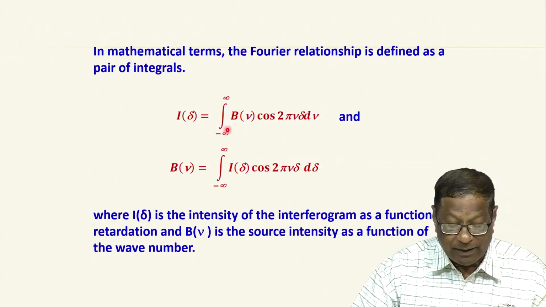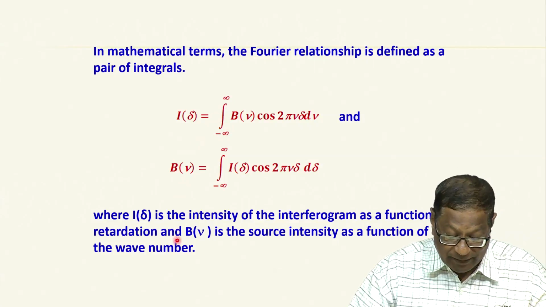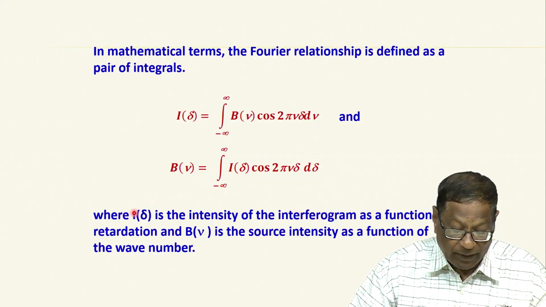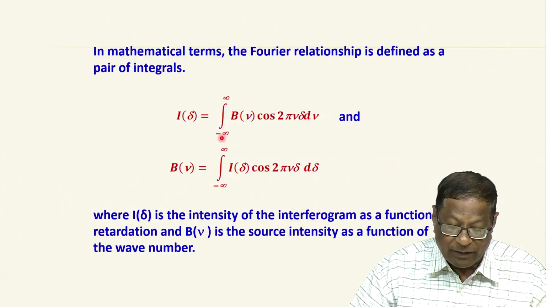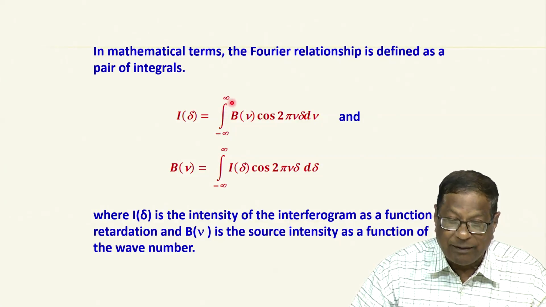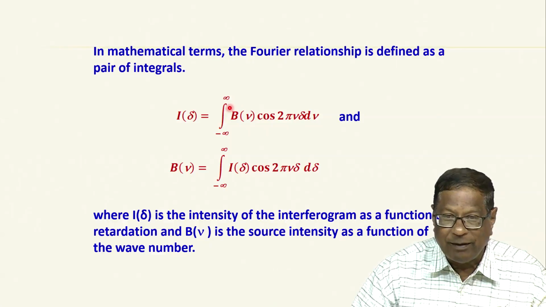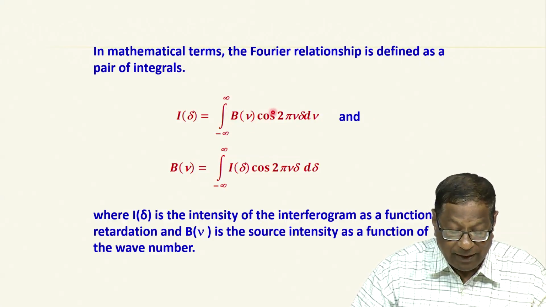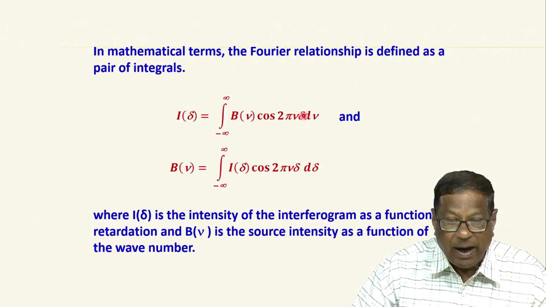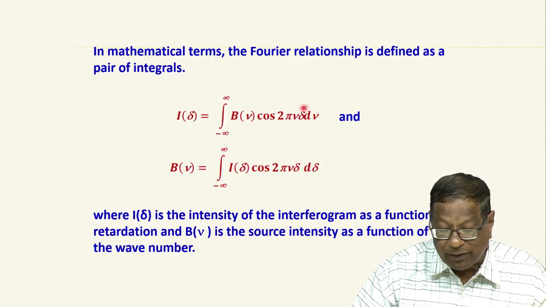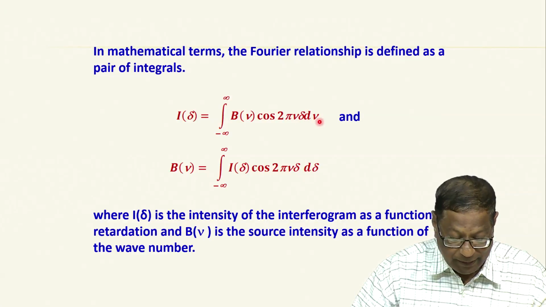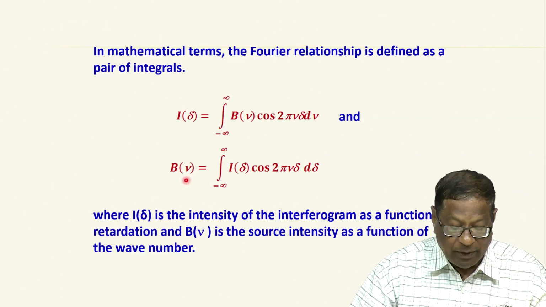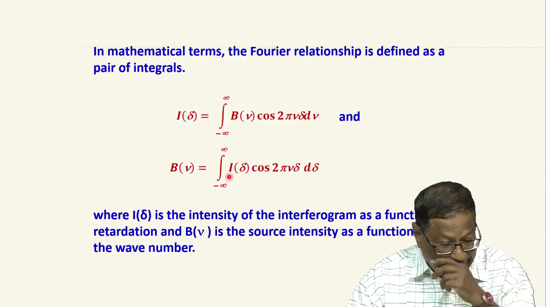I(δ) is the intensity of the interferogram, which varies from minus infinity to plus infinity. It is an infinite series, and that is given by B(ν) into cosine wave, and the amplitude of the cosine wave is given by 2πνδ dν, and B(ν) is nothing but I(δ).